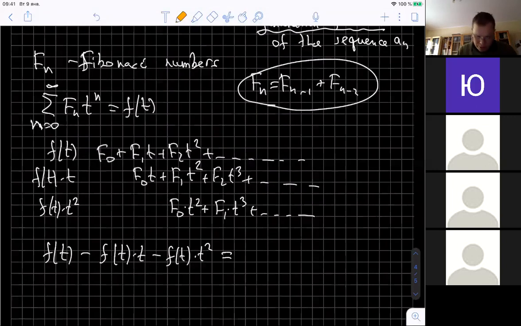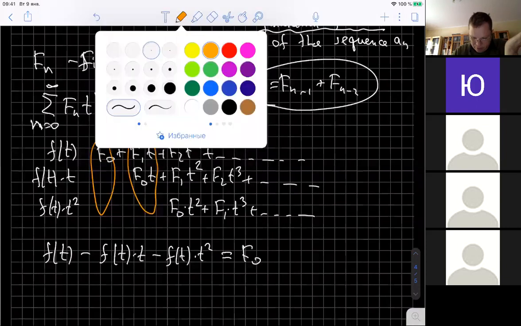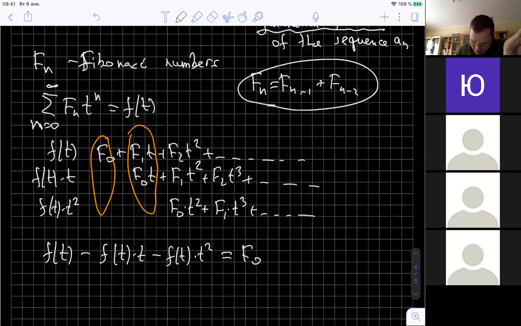So the first column will be f0, and of course it will be f0 because we subtract 0 and 0. Okay, from the second one, we will have f1 minus f0 times t. Will it be cancelled or no? No.